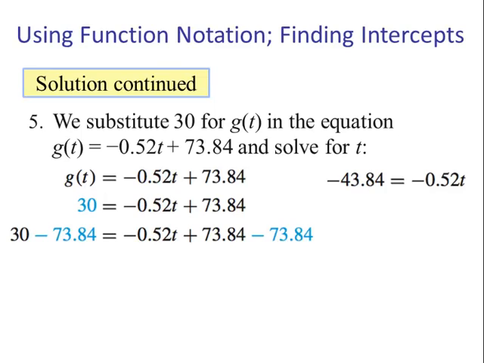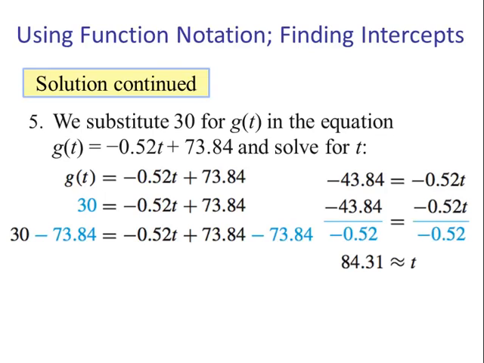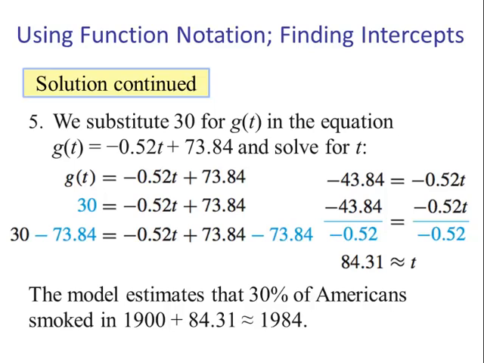Divide by negative 0.52. Negative divided by negative is positive. And we have t is approximately 84.31. So we would say the model estimates that 30% of Americans smoked in 1984.